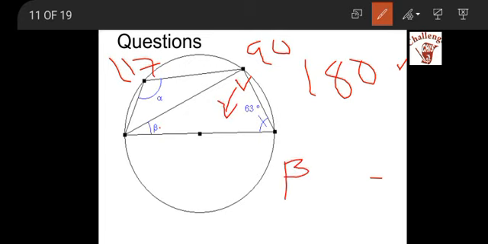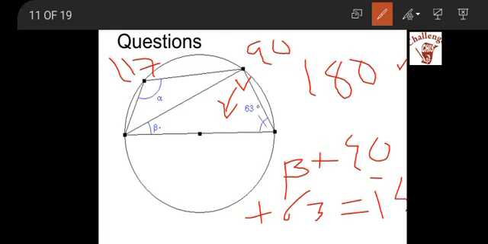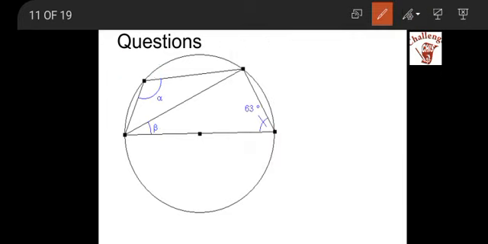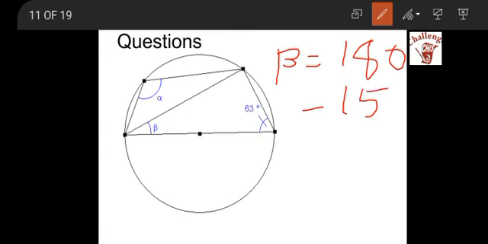We say that beta plus 90 degrees plus 63 must equal 180. Then we make beta the subject of the formula, and beta equals 180 minus 153.